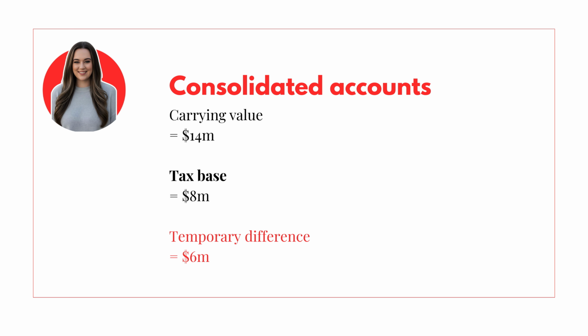So the tax authority doesn't change the tax value just because we prepared a set of consolidated accounts. So what we have now is a carrying amount in the group accounts of 14, the fair value, and a tax base of 8. So now we have a group temporary difference of 6 million.